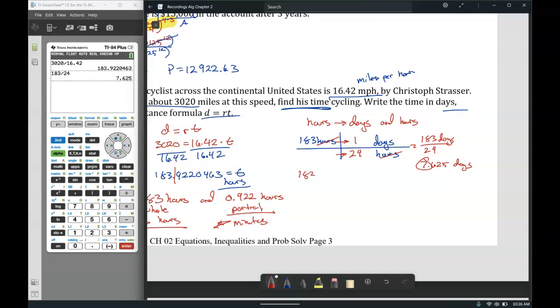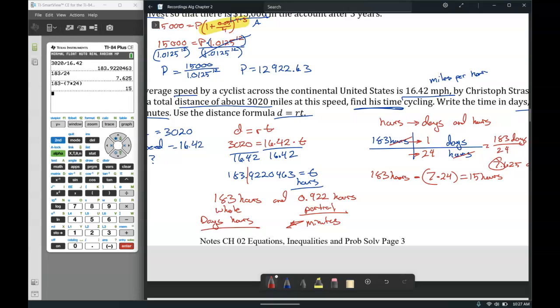If we take our 183 hours and subtract 7 days' worth of hours, 183 minus 7 times 24, that gives us 15 hours left over. So far we have 7 days and 15 hours.